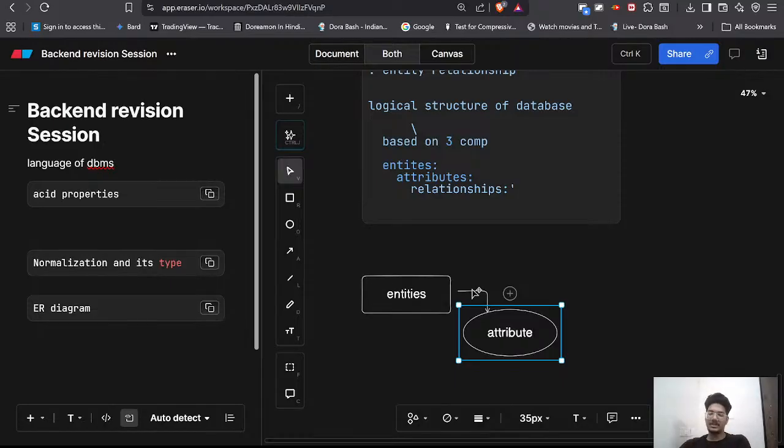It provides the logical structure of the database and is created before implementing it. It is based on three concepts: entities, attributes, and relationships. An entity is a real object having some property, the properties of that entity are known as attributes, and how entities are related to each other is known as a relationship.